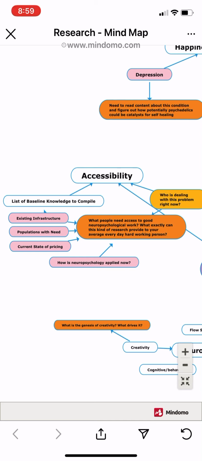Could we apply some of these techniques to non-traumatic, life-threatening, or serious issues, like just instead of classic talk therapy, for example, using experiential-based neurological processes to help with depression and anxiety and, I don't want to call them basic, but more manageable conditions that are not debilitatingly impairing and require a clinical stay, that kind of thing. And then, who's dealing with this right now? Like who should I go learn from?